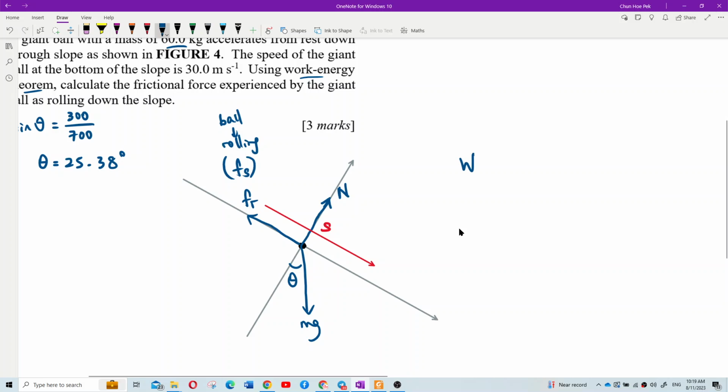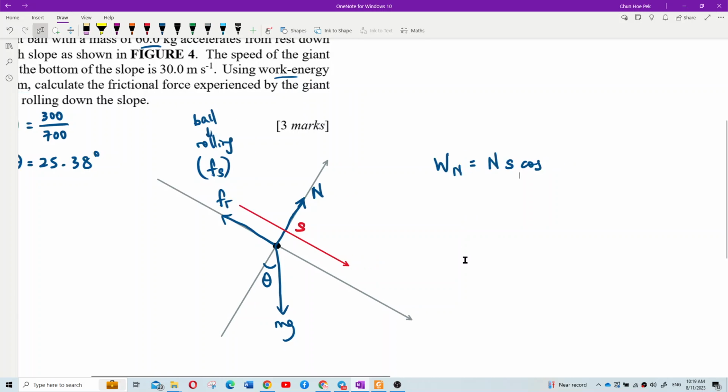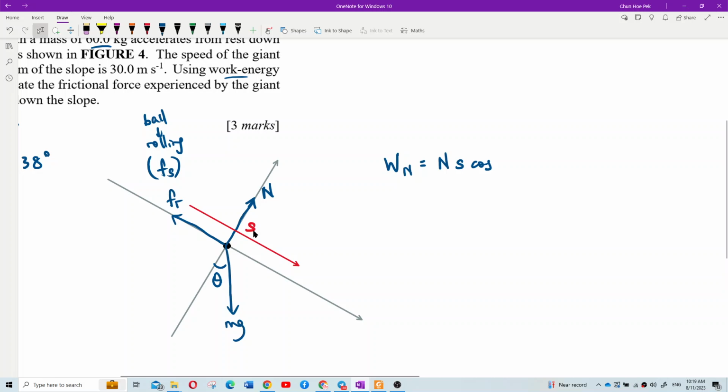So work done by normal force is normal force, displacement, cosine, what angle, class? Cos 90, right? Cos 90 equal to 0. If the force is 90 degree to the displacement, work done is 0.